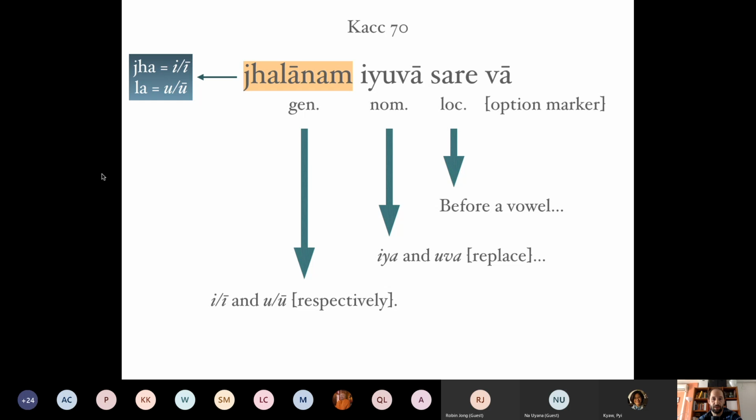There is a paribhasa rule in the Sanskrit grammar telling us that when there are replacements of series or sequences of items, usually two and two or three and three, you have to replace them according to the same sequence. So before a vowel, ia will replace i or ii, and uva will replace u or uu.